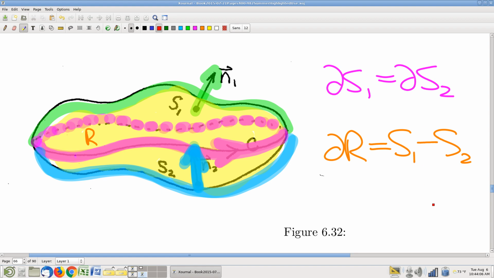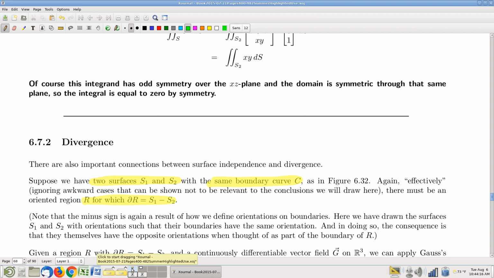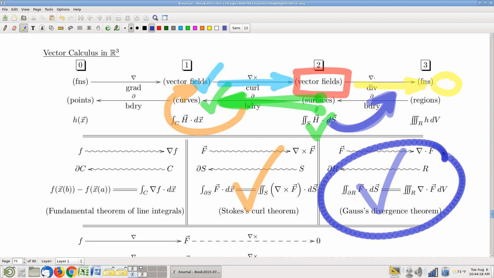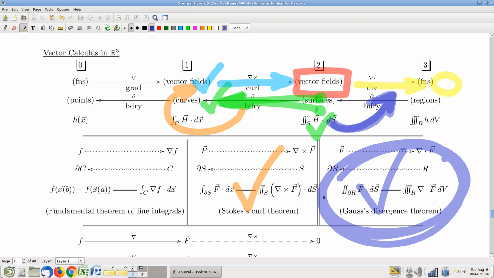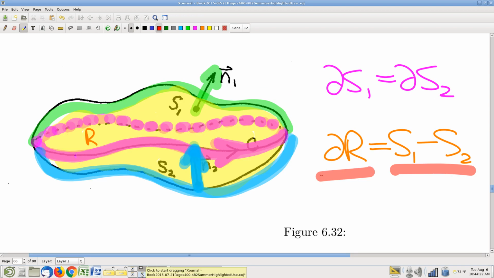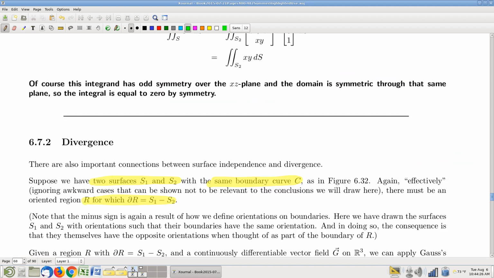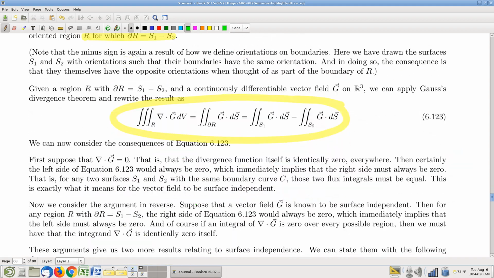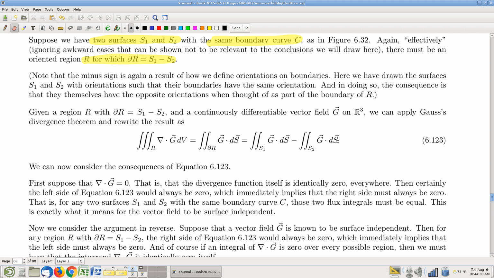Okay, with that in mind, we have a solid and its boundary. The boundary is S1 minus S2. Let's follow our own little pattern. The pattern suggests let's use Gauss's divergence theorem. We're going to apply Gauss's divergence theorem to this picture, where the boundary of R is S1 minus S2, and that gives us this.